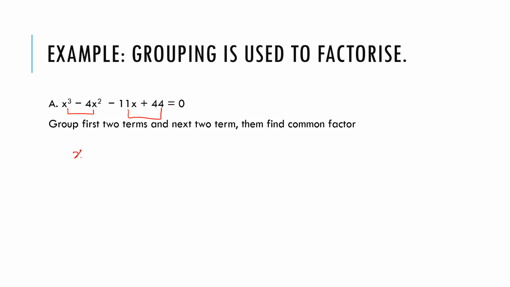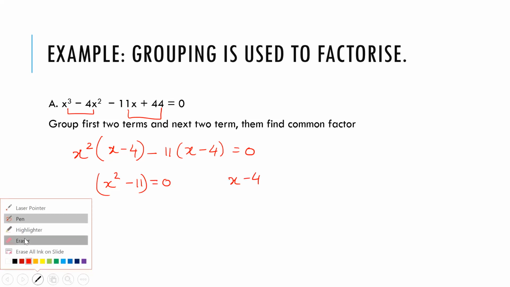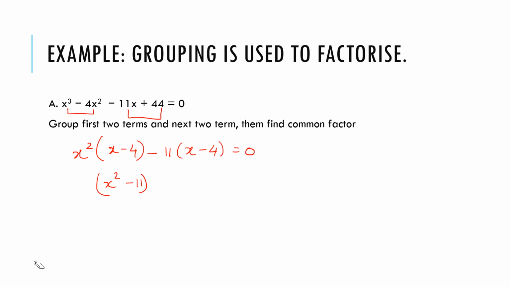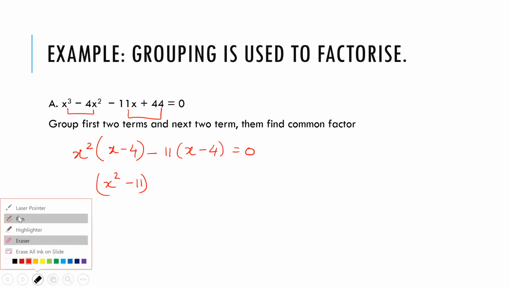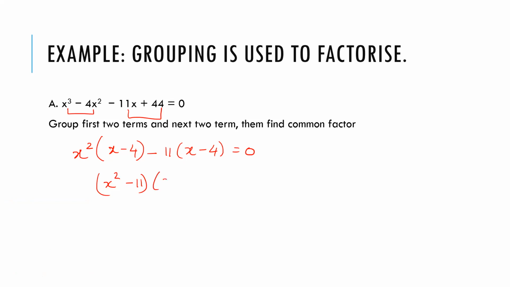So let's see, if I take out x squared from the first two terms, it becomes x squared times x minus 4, minus 11 times x minus 4 equals 0. I'll write it in factorized form first. So what we have here is x squared minus 11, and then you have x minus 4 equals 0.